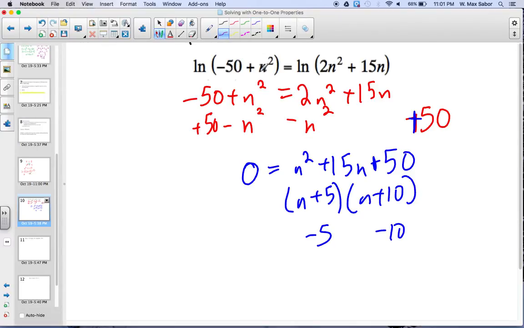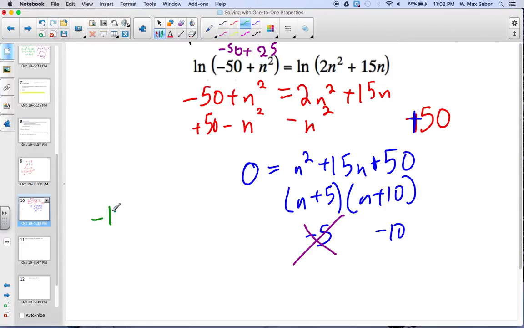So if we take negative 5, square it, that'll be positive 25. And then we add negative 50. So that would be negative 25. Can we take negative 25 and plug it into natural log? No. Therefore, this was not a solution. That doesn't mean that negative 10 is a solution, but we should check it.